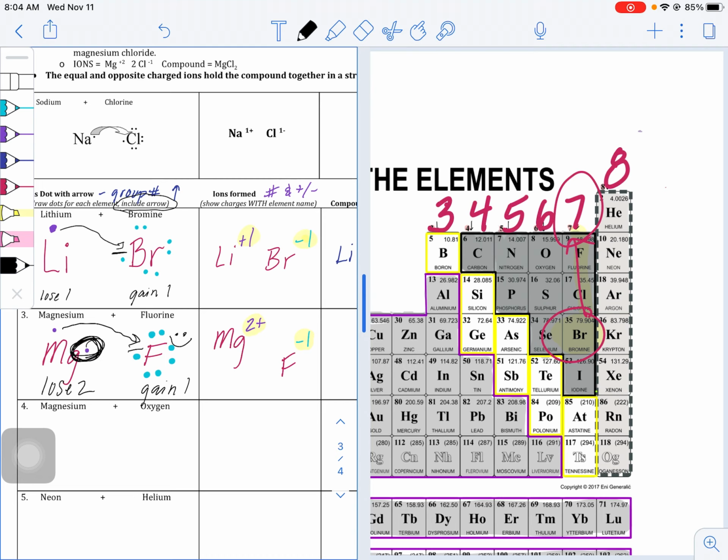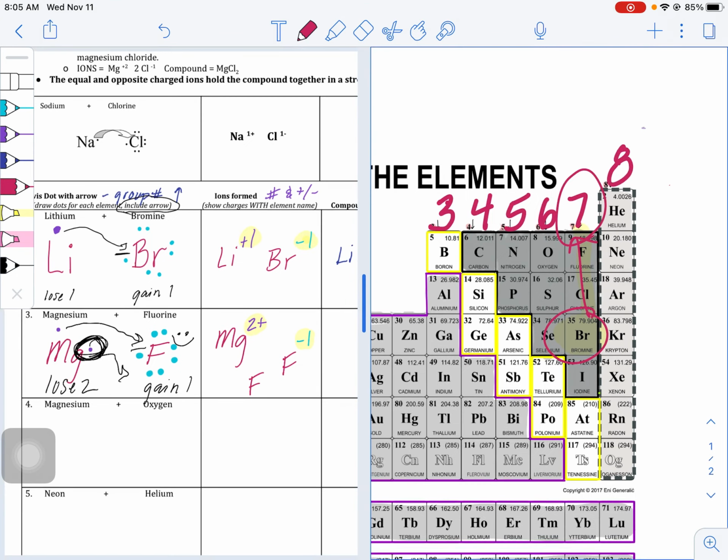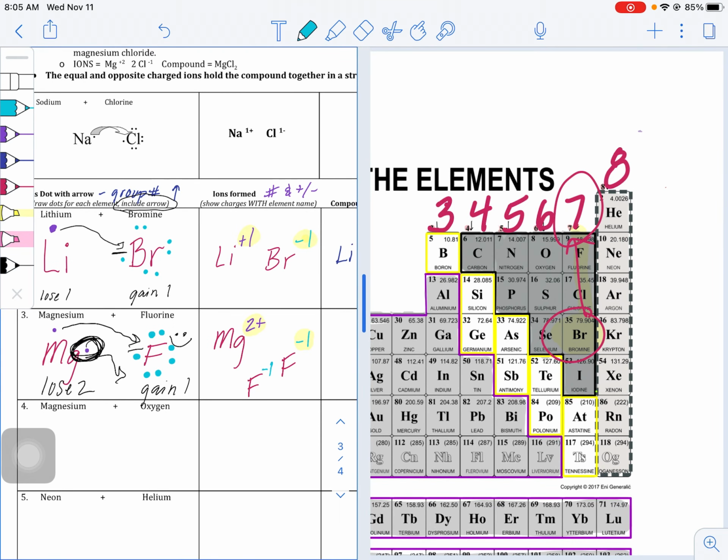So what do I need to find it a home? Do I need another magnesium or do I need another fluorine? I'm going to need some other fluorine to transfer that electron to. So over here in my charges, I know another fluorine is needed, right?